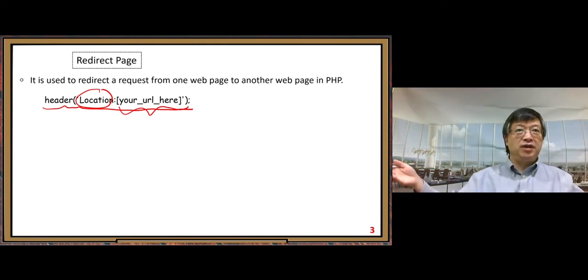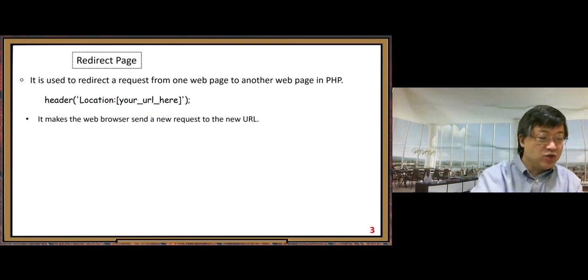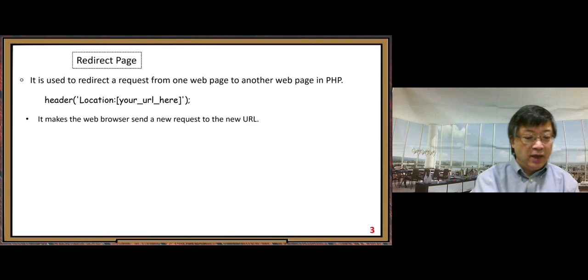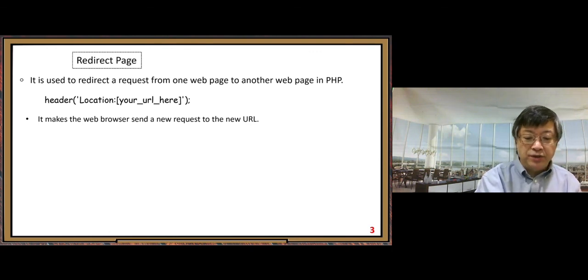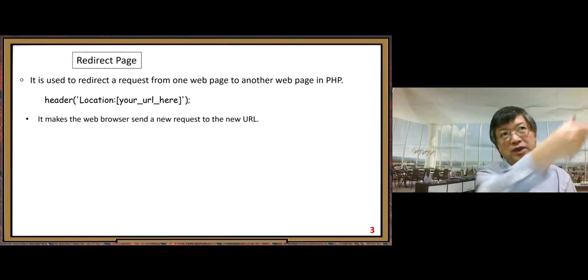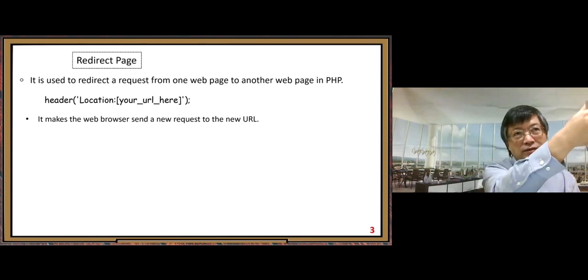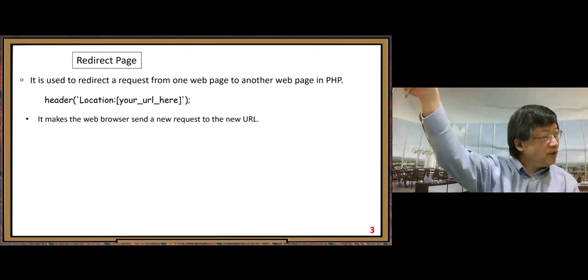So that's the basic syntax. When you do that, it makes the web browser send a new request to the new URL, so a new page will be displayed in your user's web browser.